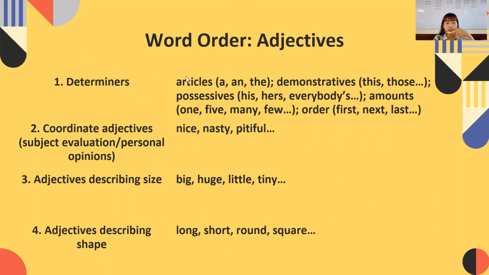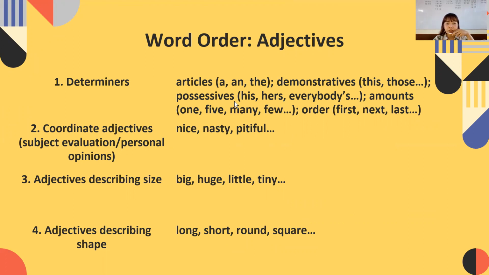So our determiners could be any of the following. Usually, our word order for adjectives starts with your determiner, or more specifically with these 3: your articles, demonstratives, and possessives. For example, any one of the three comes first. For articles, this could refer to your a, an, or the. For demonstratives, this, those, these, and that.